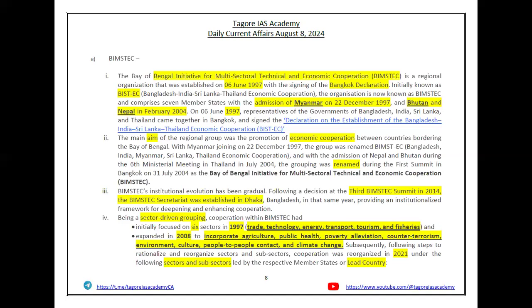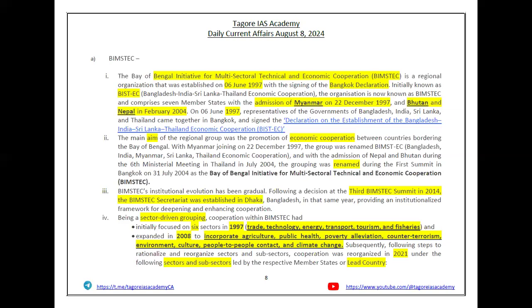Initially, it did not have the three countries which I have highlighted in bold: Myanmar, Bhutan, and Nepal. Again, you have to remember these countries from a prelims point of view: Myanmar joined in 97, Bhutan and Nepal in 2004. Which countries joined late, you have to remember from a prelims perspective.